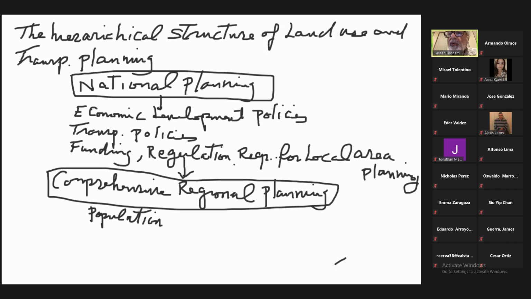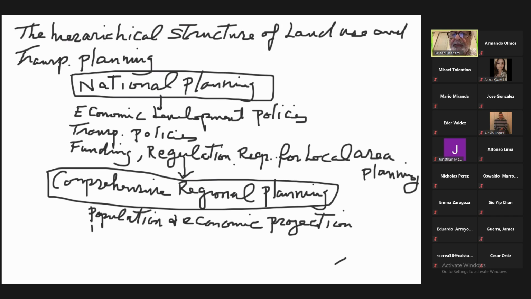And then what would be the projection of it? So they look at population and economic projection. They want to know what will be happening 25 years from now as far as population growth is concerned, as far as economic growth is concerned.